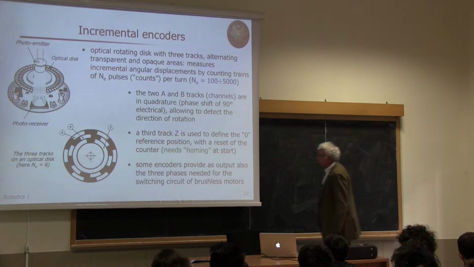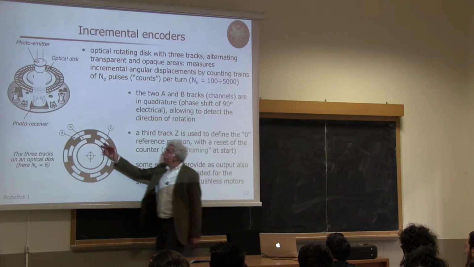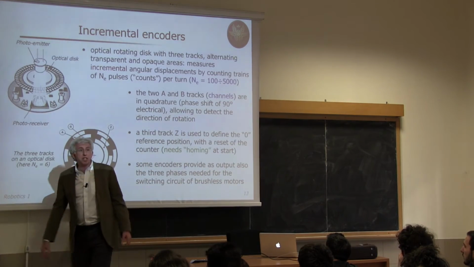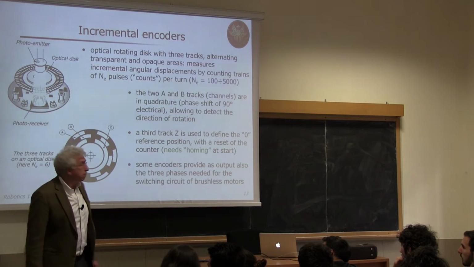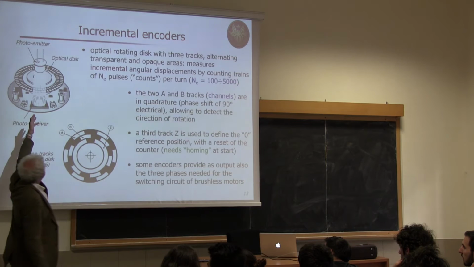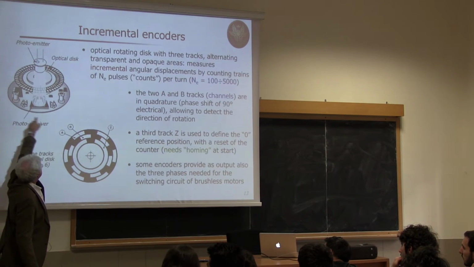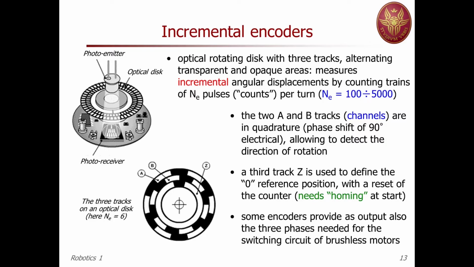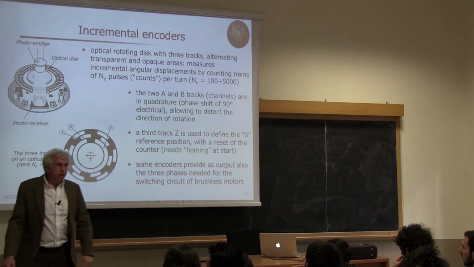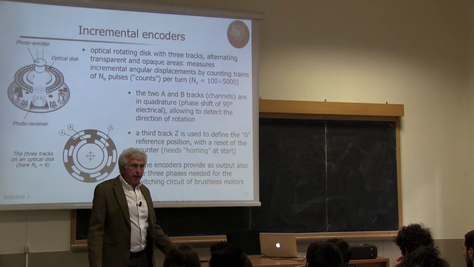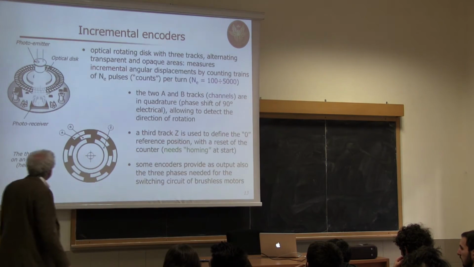Because associated to these 2 sectors, there is the same machinery as in an absolute encoder, only much simpler. Namely, there's a photoemitter. While the disk rotates, the light passes through the transparent sector and is detected by photoreceivers. You need only 2 photoreceivers here, as opposed to n photoreceivers if you had an absolute encoder with n tracks.